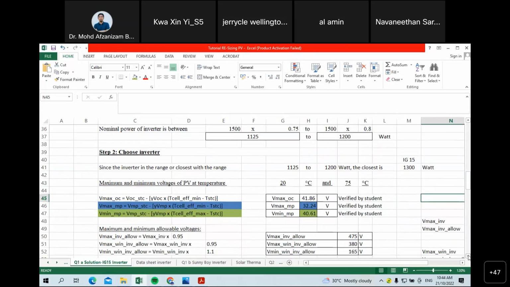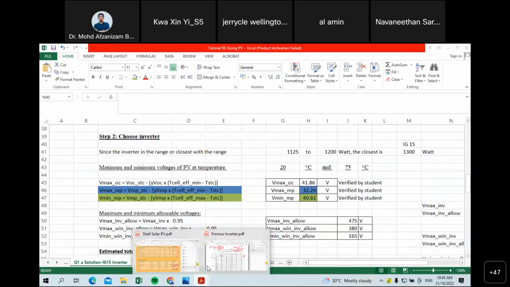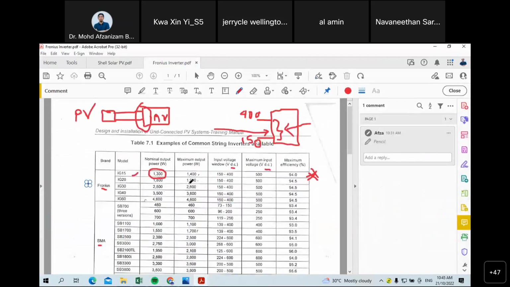And then next, we need to go for this calculation as well, the maximum and minimum allowable voltage. So our voltage refers to our inverter just now. If you still remember, we are selecting the inverter IG15, and this is the range of the operating condition.